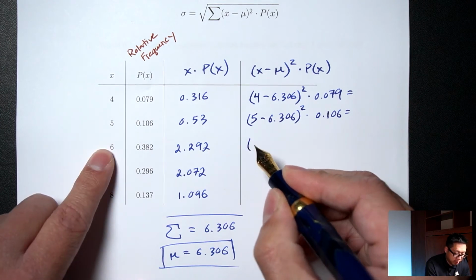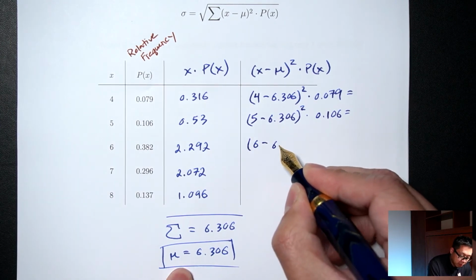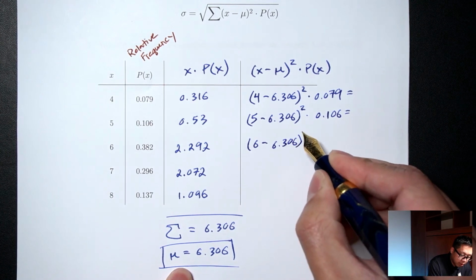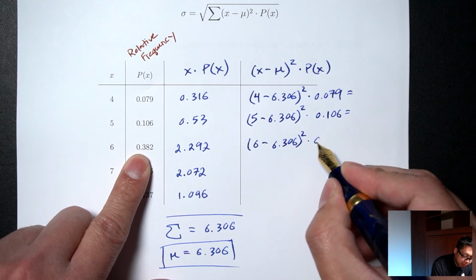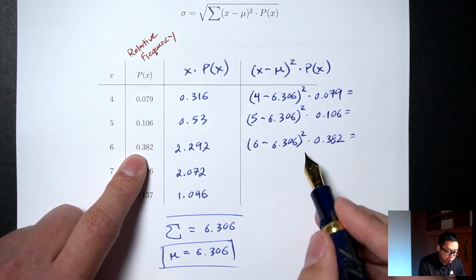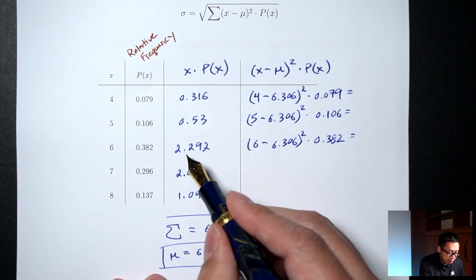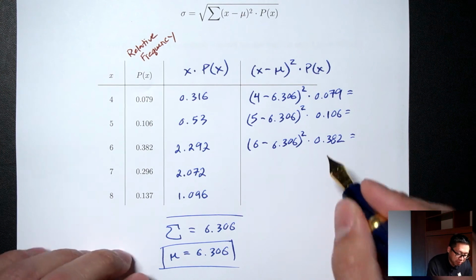Next one, 6 minus the mean, 6.306, square it times the probability of the 6, 0.382. Be careful. Make sure you're using the probability and not this column, which is x times p of x. We want the p of x column.